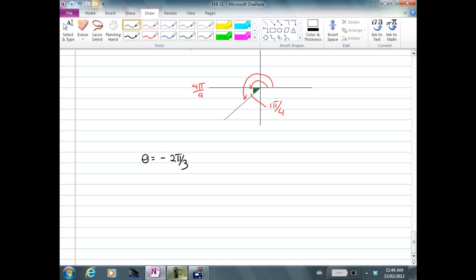Okay, so let's look at this one. If I do a negative 2 pi by 3, I should be in quadrant 3 right here. I go backwards from here to here. This is 3 pi by 3. This is 2 right here, 2 pi by 3. No tricks. So what must the missing piece be? Pi by 3. And that's called your reference angle.